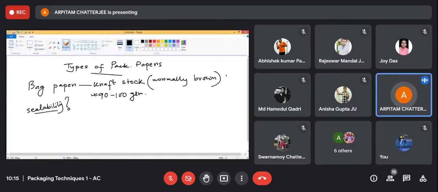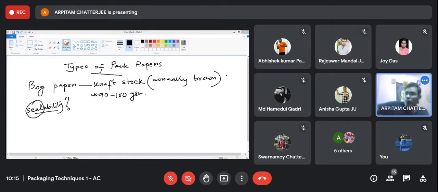So sealability is basically, as you can understand from the name, sealing. Suppose you make anything from paper, I am showing you why paper is so preferred. Say this is a paper packaging, a simple envelope.